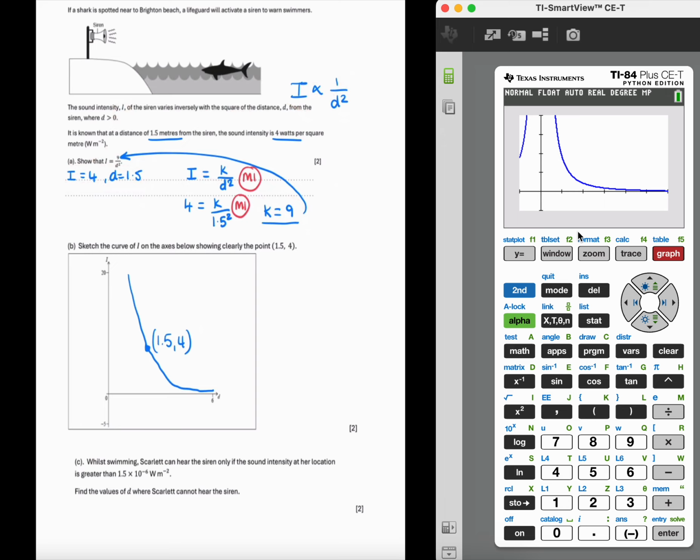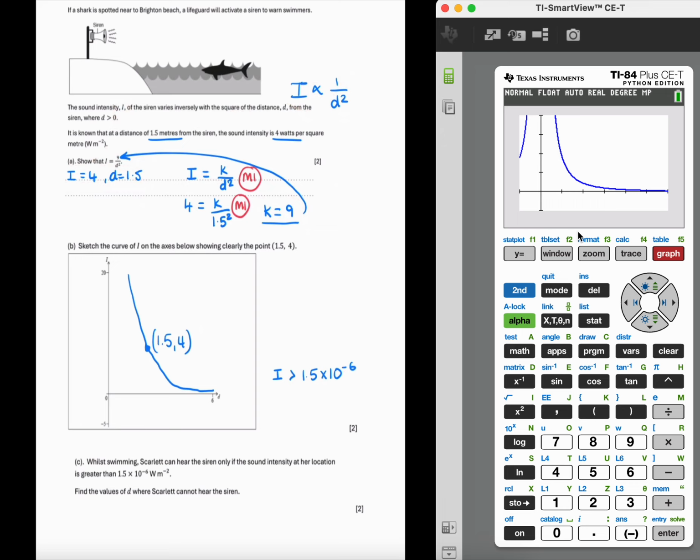So for this part of the question, what I'm essentially asked for is when is the intensity greater than 1.5 times 10 to the power of -6. And we also know that the intensity is equal to 9 over d squared.